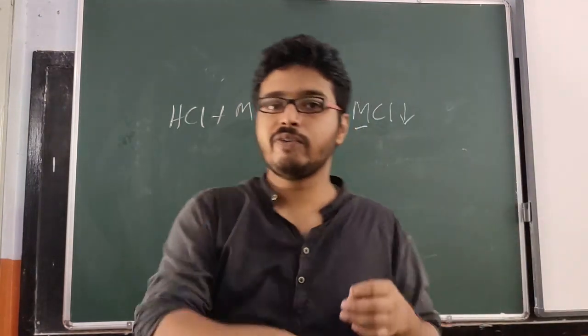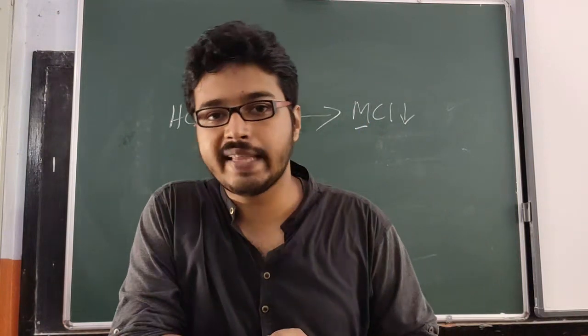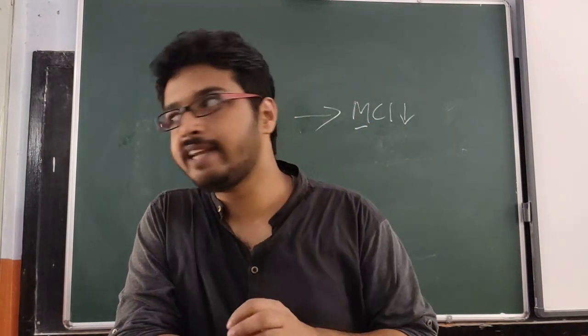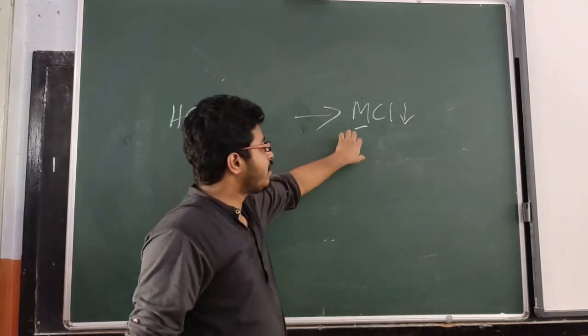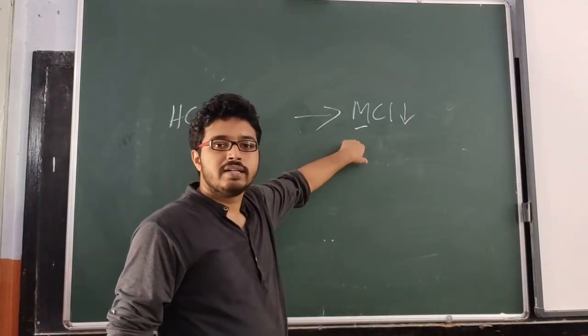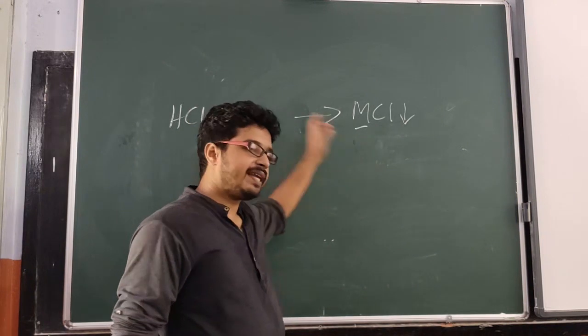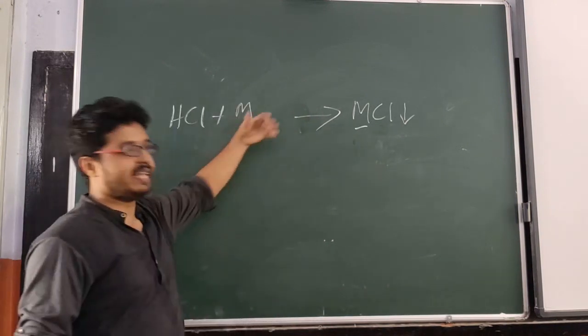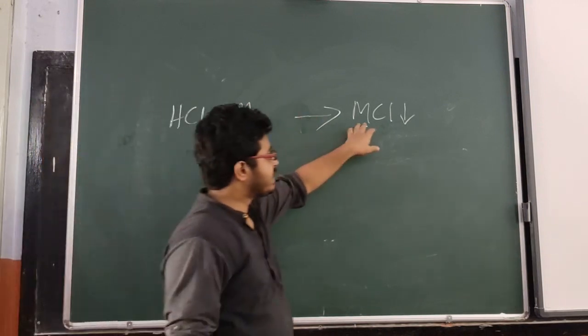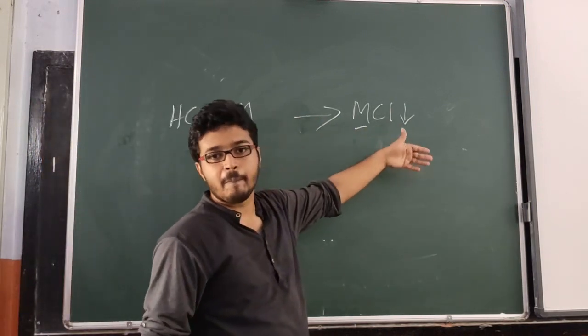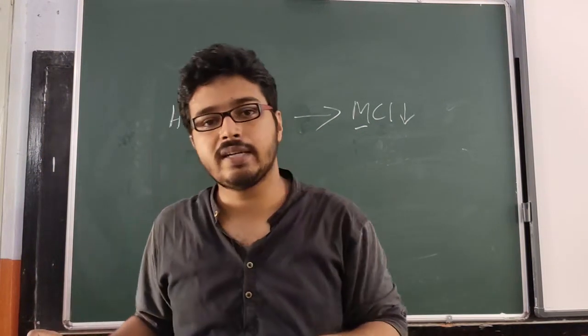If you want to do a precipitation reaction with HCl, the only thing that we have to look at is that the metal chloride formed by the reaction of HCl and a certain metal or metal compound must be insoluble in water.